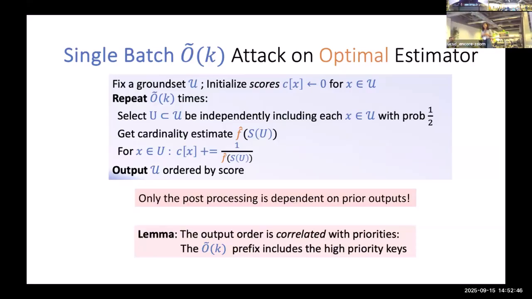And then we repeat this many times. Then if we order the items by their score, the first k items would correspond to these high priority keys.